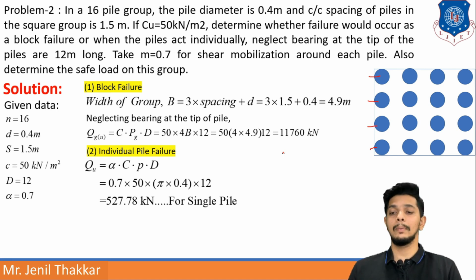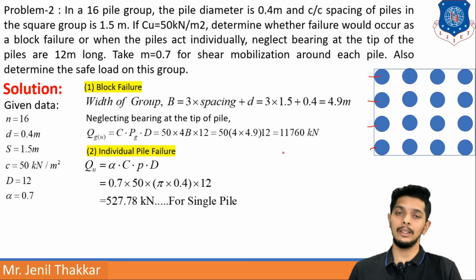For individual pile, we have to take all individual properties. Do remember that. Alpha into C into P into D. Now alpha is given as 0.7, C is given as 50, P, that is perimeter of one pile only. For one pile we are taking pi into D. So pi into 0.4, and depth, that is given as 12. So individual capacity for a single pile is 527.78 kilonewton.